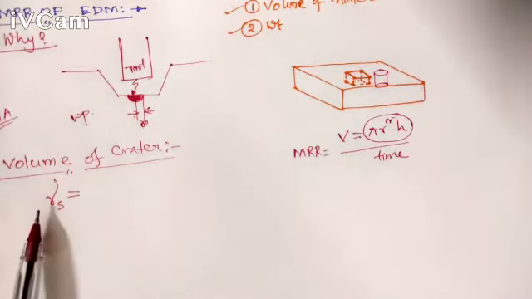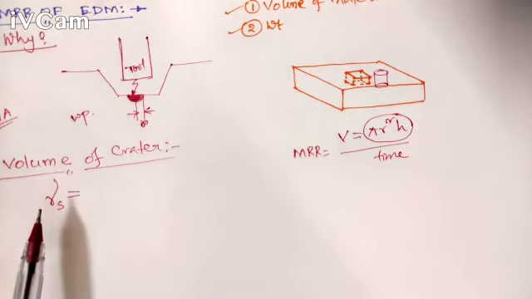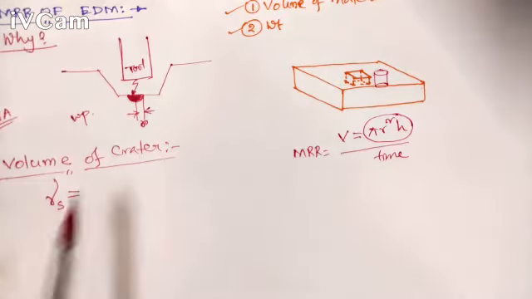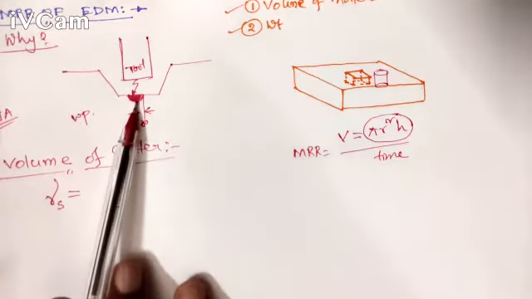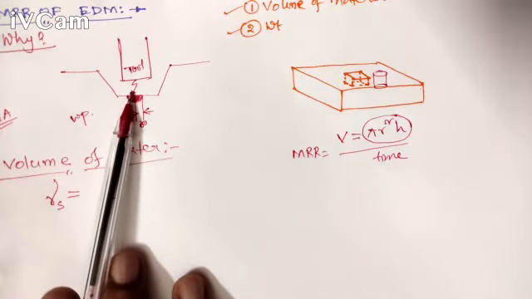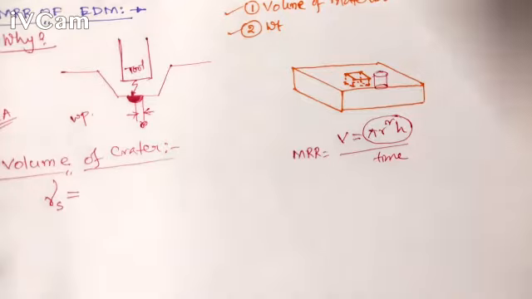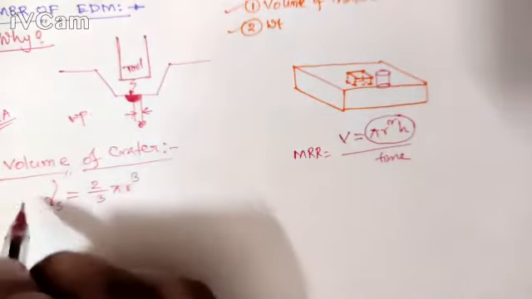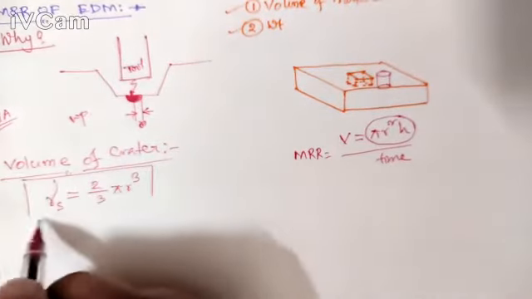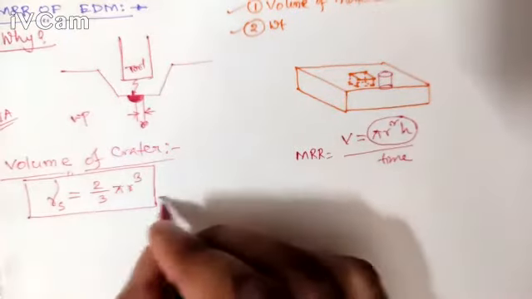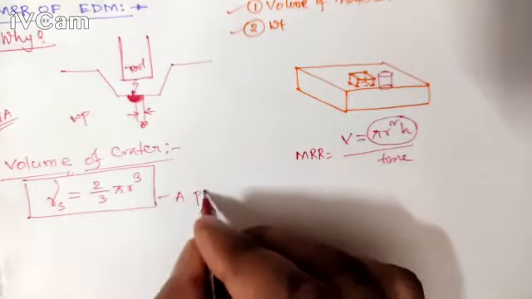Gamma s represents the volume which is caused due to a single spark and which has formed the crater. So we have considered single spark generation. That will be 2 by 3 pi r cube. So it is, I think, known to everybody. Okay, clear? So this is happening for a particular spark.